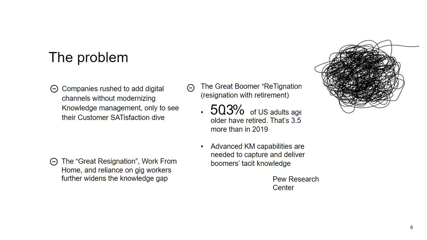We've all seen this, right? We've all seen that people are now creating a new normal. And it's not just a great resignation where people are looking for better workplace options for themselves. They're actually saying, I'm done. I'm going to retire. I think we heard this term: a great retirement option that's being exercised by a number of the boomers.